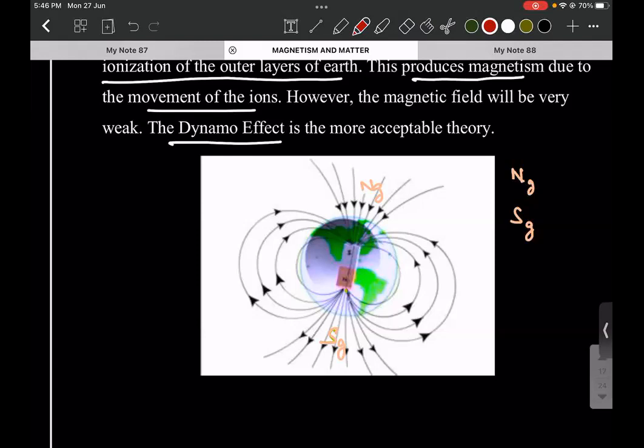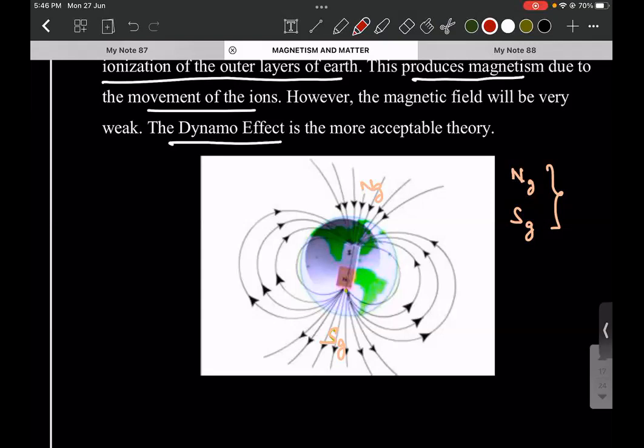If these two are the North Pole and the South Pole according to the geography, you can observe an important point: when you take the compass and draw the magnetic field lines, we can observe that the geographic North Pole coincides with the magnetic South, and the geographic South will coincide with the magnetic North.